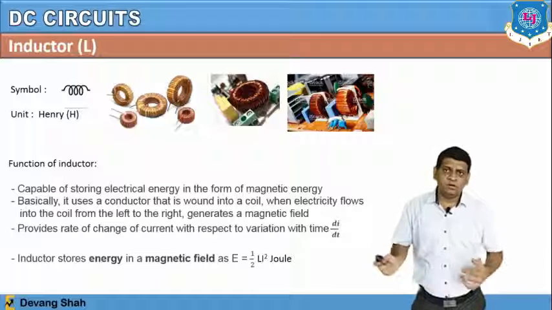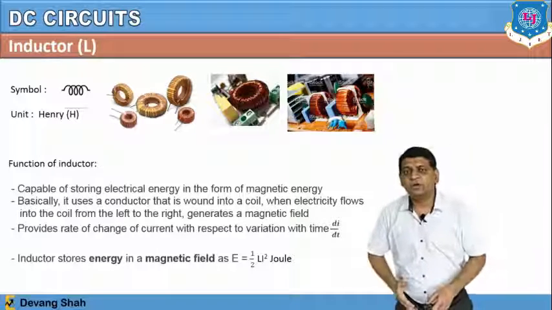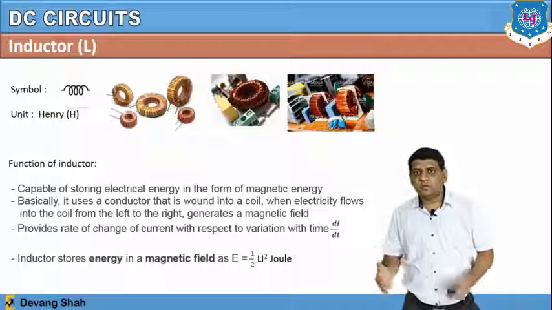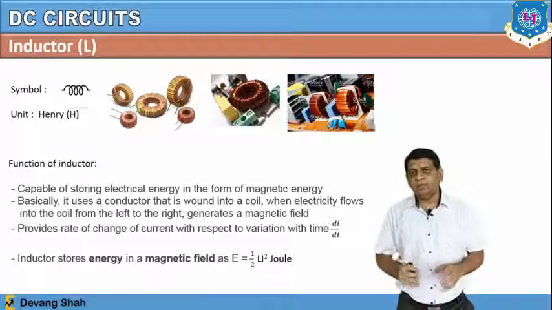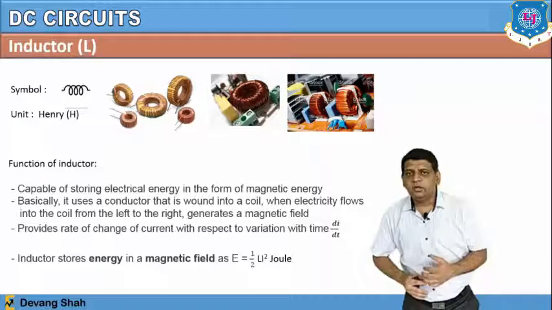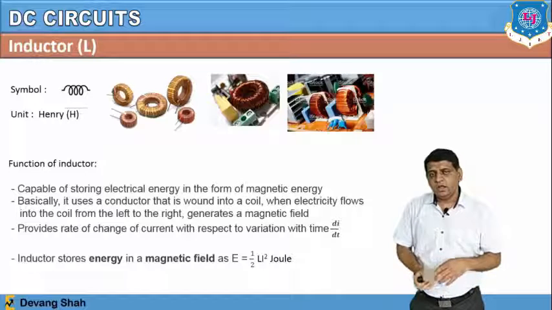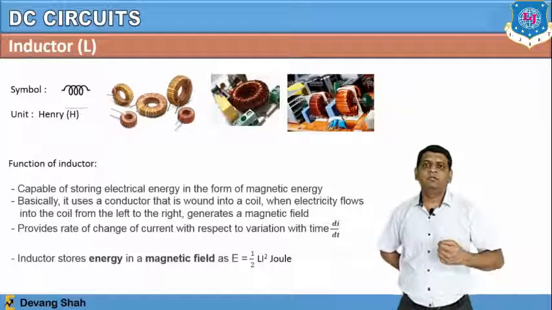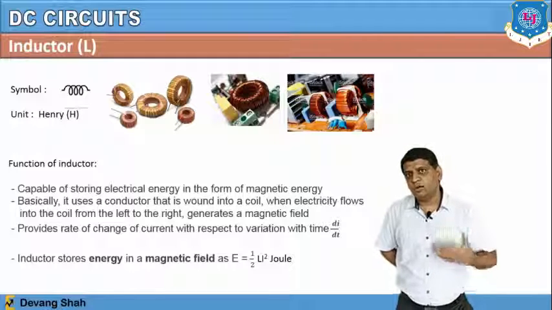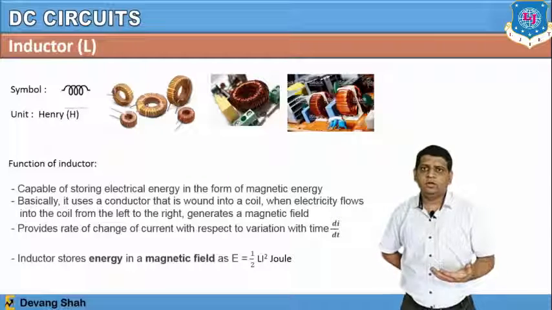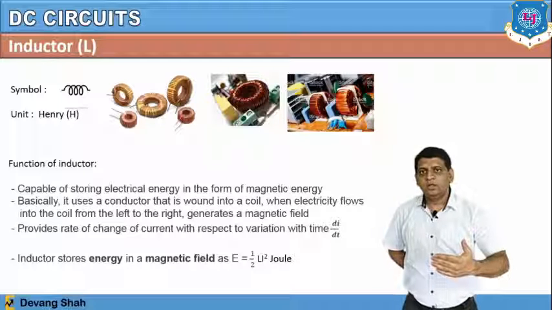Same way, we forgot to discuss the energy stored in a capacitor: W is equal to 1/2 CV squared, while the energy stored in an inductor, E, is equal to 1/2 L i squared. So capacitor and inductor, both behave with respect to the variation with time, or rate of change with time.